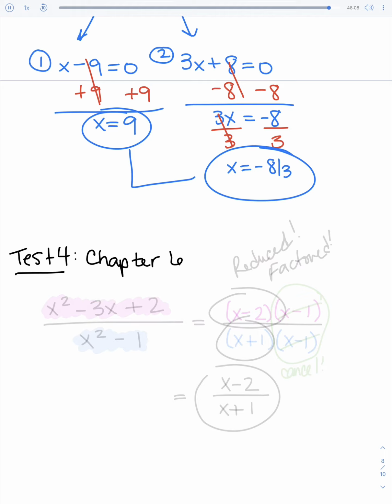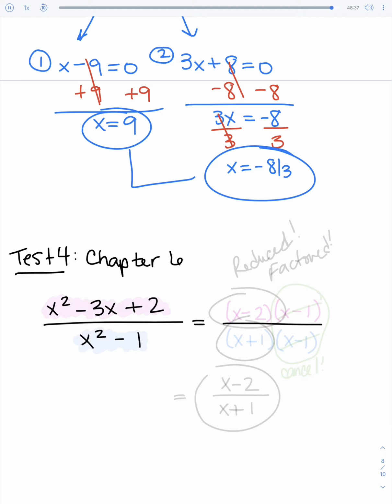The goal with Chapter 6 is going to be reducing fractions, but our fractions are going to look a little bit crazy. They're going to look something like x squared minus 3x plus 2 over x squared minus 1. Reducing a fraction here is going to mean that you have to factor.